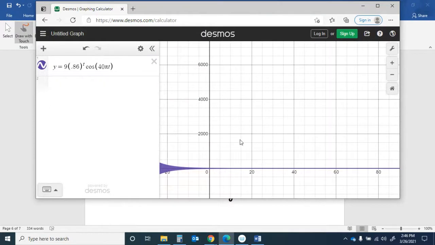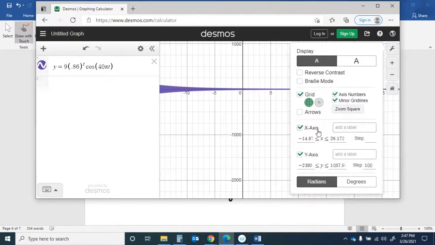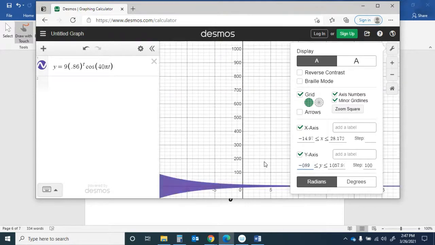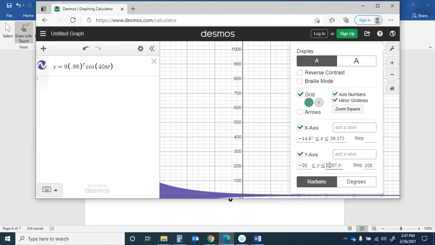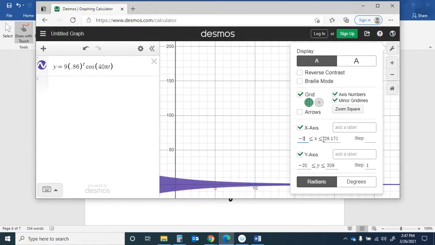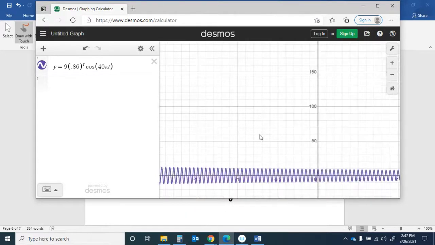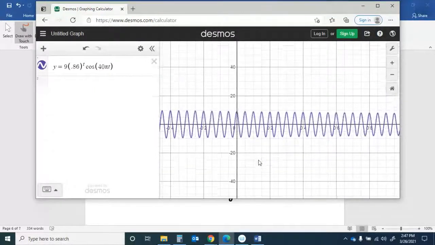Oh, this is cool. I've got to get my y-axis under control. All right.